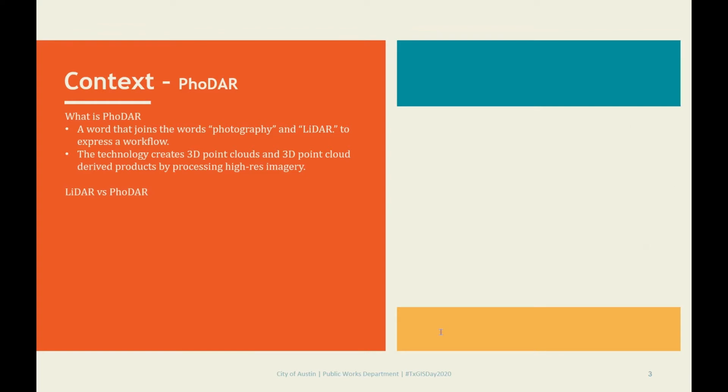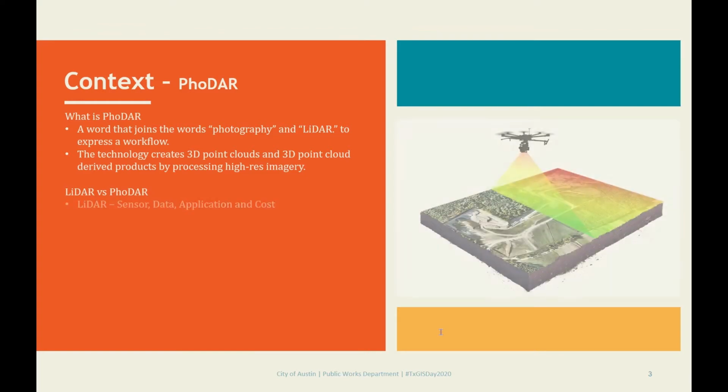We'll make a little comparison between LiDAR and PhoDAR. When it comes to LiDAR, the sensor is a LiDAR module that sends laser beams to the ground and measures the return of those laser beams and records that return in the point cloud. The data, as just mentioned, is a point cloud.